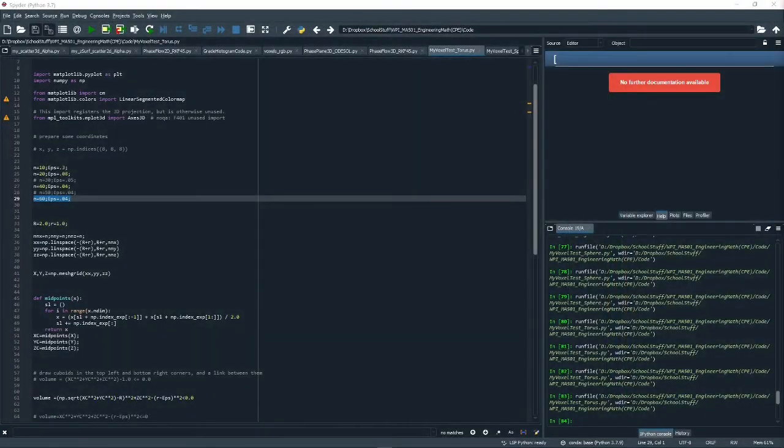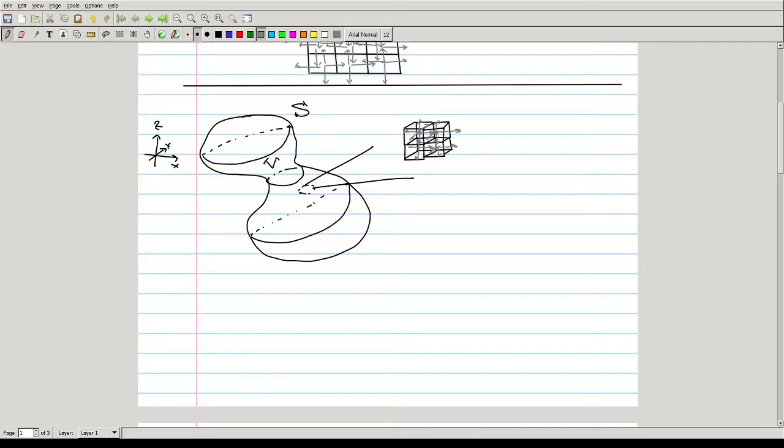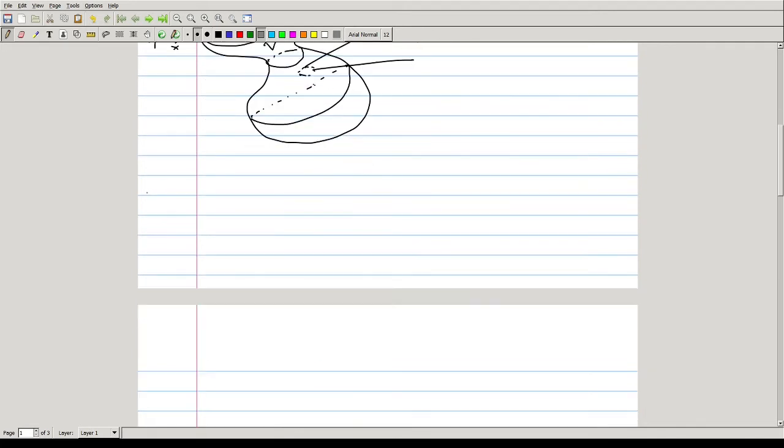So this gets us to the main part of the lecture, where I'm going to state the theorem. I'll state the divergence theorem, and we'll go through then and prove it, and then use it in some applications.